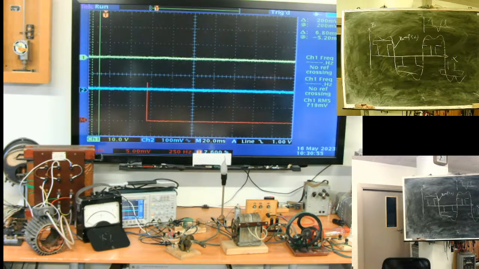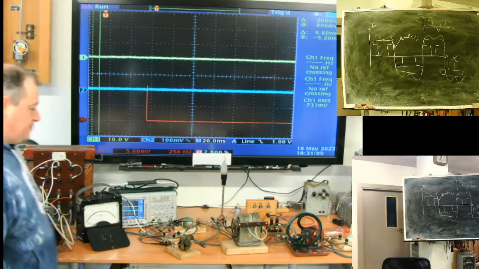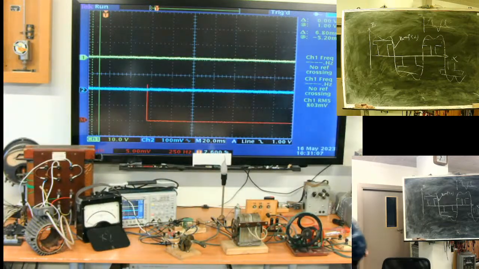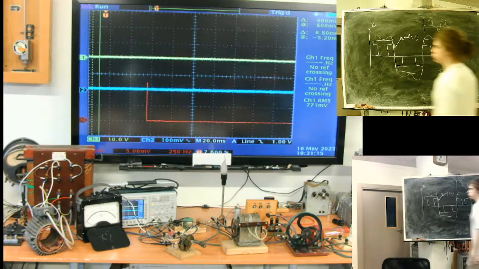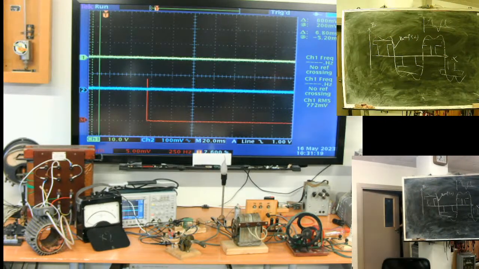Why does the ball run? Don't do it with your own motor without a current limiter. It will burn. Why does it run?